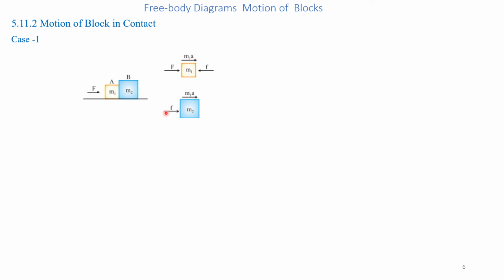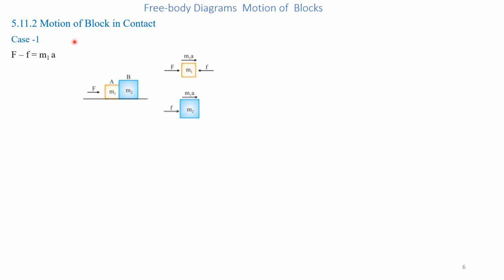This small f is due to friction, which is from left to right. Please see the difference here. In block A, it is from right to left. In block B, it is left to right. So ma is in this direction of arrow.